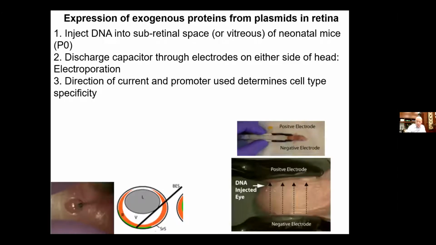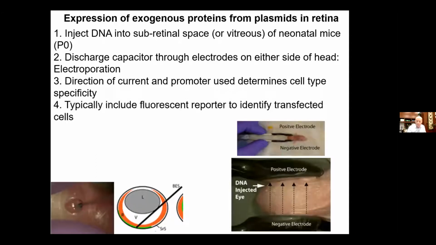And the electric current will drive the DNA into the cells of interest, and we can control which direction the DNA goes by the direction of the current, and which cells it expresses in by selecting the promoter that we use. And when we do this, either the probe itself is fluorescent or we include a fluorescent reporter so we know which cells are transfected.